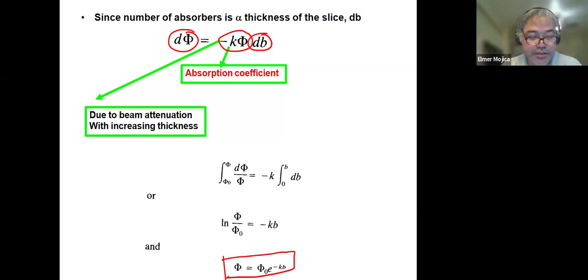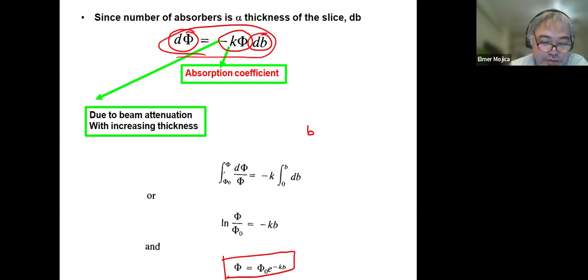To obtain the absorption in a medium of finite thickness B, we can rearrange the above equation into an integral, integrated from zero thickness, where the incident flux, to the thickness B, where we have the transmitted flux.